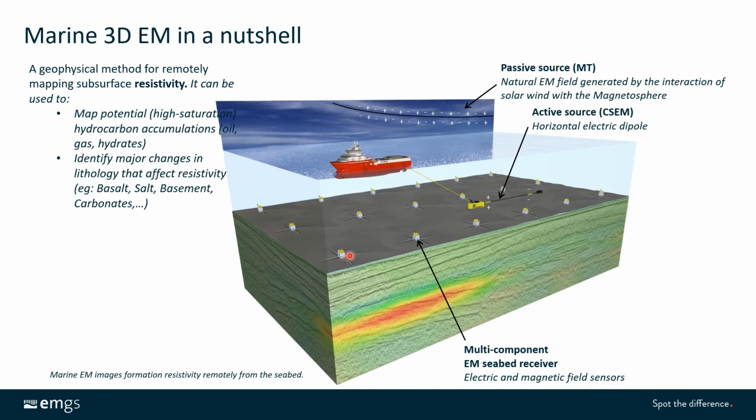The source for the MT data is the natural EM field generated by the interaction of solar wind with the magnetosphere. That's basically a plane wave which goes beneath the earth and comes back and gets recorded in the receiver.